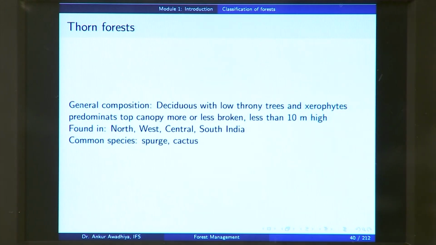You will have some scattered trees in the whole area, but for most of the region the sunlight will directly be able to reach the ground, and the height is very less. These are less than 10 meters in height. These are found in north, west, central and south India, any area where you have a dearth of water and high temperatures. The common species include spurge and cactus.